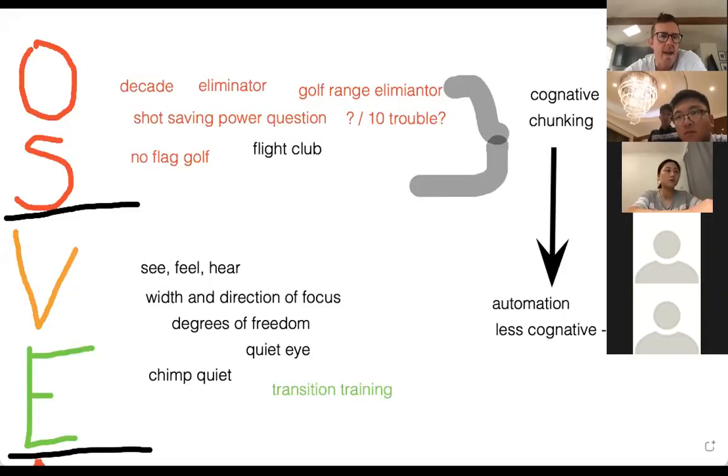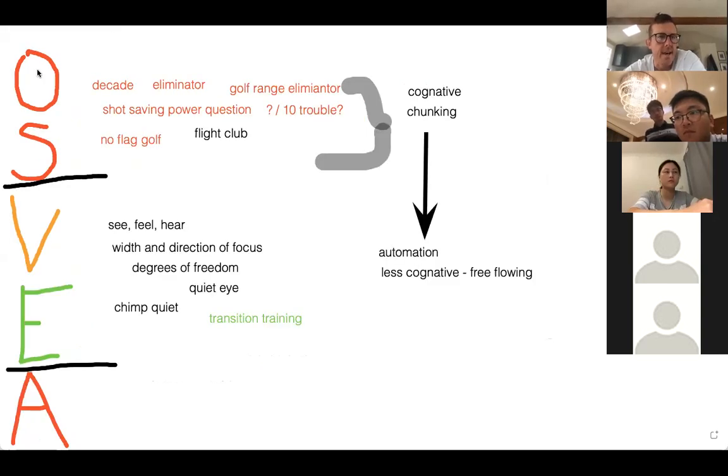Let's imagine we have a student and you spend a year with them solely working on chunking. And you're like, this kid gets it. His brain is like a machine, gets his yardage book out, picks smart targets, understands grain, he's at Phil Mickelson's level.